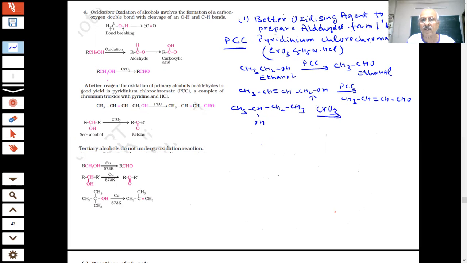And if you are given CH3CH2CH2OH, KMnO4, alkaline or acidic, and if they say CH3CH2CH2OH, PCC. So you have to write the products in the paper. That's all. You have 1 minute to write these three products, students.